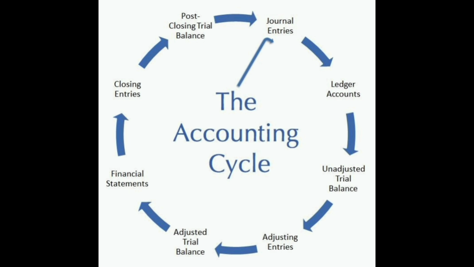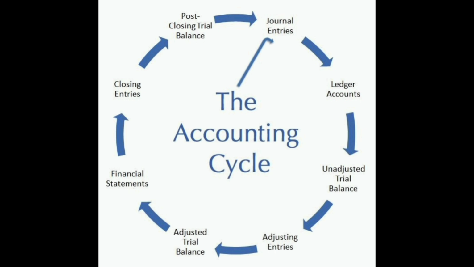We have learned the accounting cycle. Accounting cycle means it involves a series of steps which help to manage the financial transactions so that we can prepare financial statements and we can communicate those statements with our interested parties. The steps involved in the accounting cycle include identifying the financial transactions.